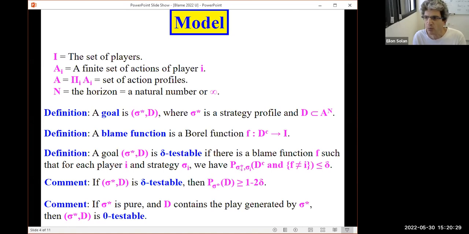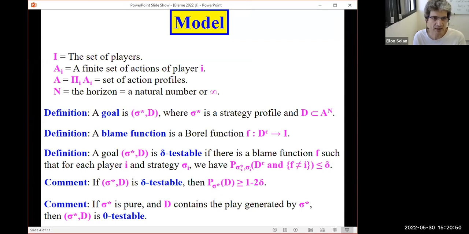But suppose that someone deviated. We know that someone deviated, and then we would like to punish the deviator, but we have to coordinate on whom to punish. So we have to construct some function that tells us, given the play, who is the deviator, so that we can punish him or her.